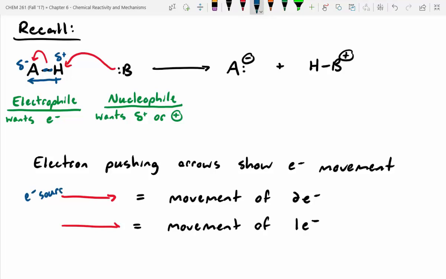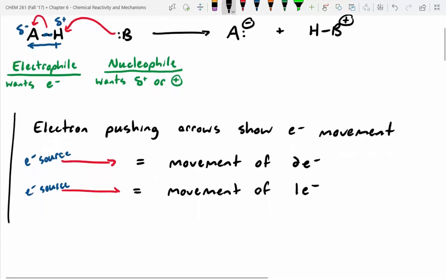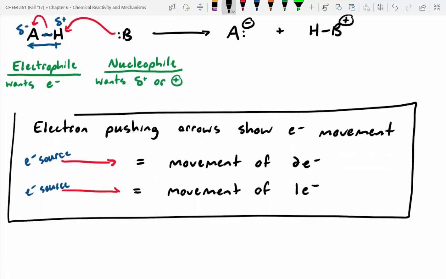And it's important to remember that this is going to be your electron source at the start of the arrow. And then you're showing where those electrons are traveling to. Does that make sense? We're not showing movement of protons, we're only showing movement of electrons with the arrows.